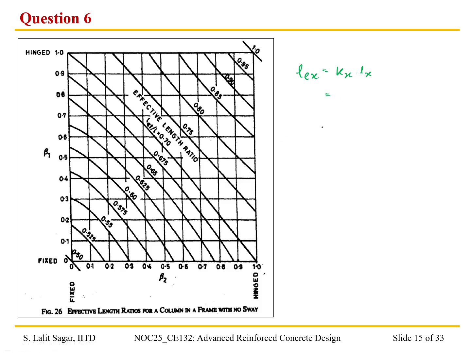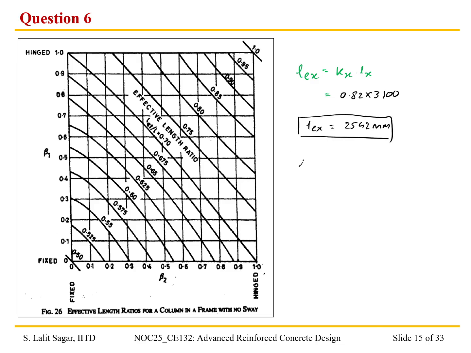Okay, so we have kx is 0.82 into 3100, that is 2542 millimeter. 2542 millimeter is LEX.